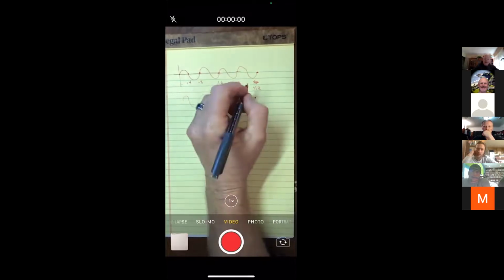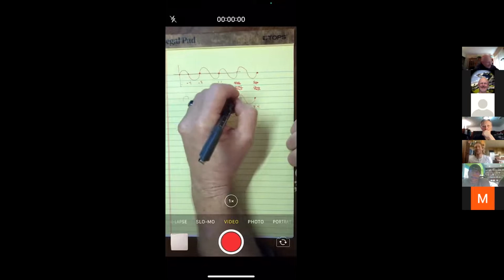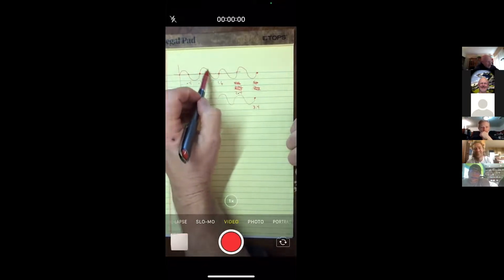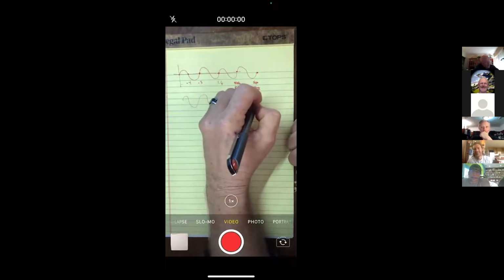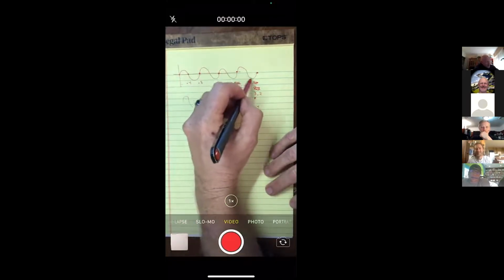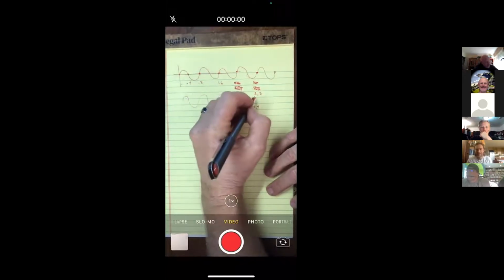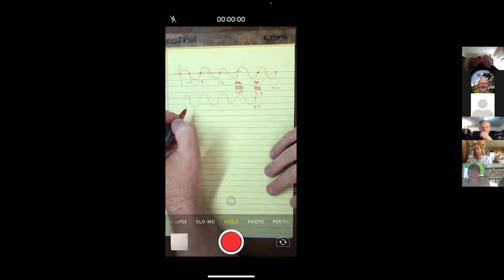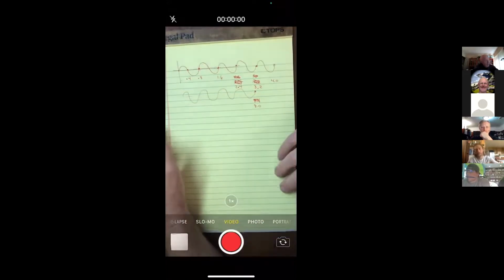Right, because each wavelength is 0.8. I'm totally screwing up. 2.4. Okay, so 1, 2, 3, 3.2. Let me try it again. 1, 2, 3, 4. I was trying to do 5. So 5 would be 4.0. Yeah. So 10 wavelengths would be 8.0.